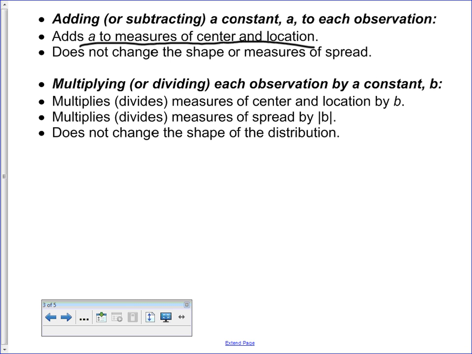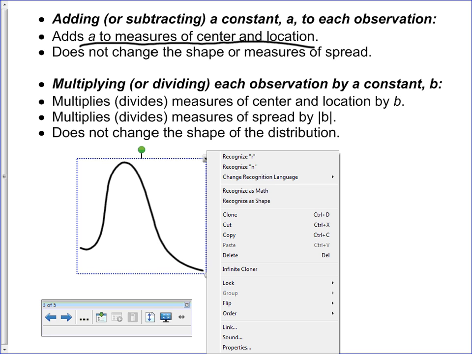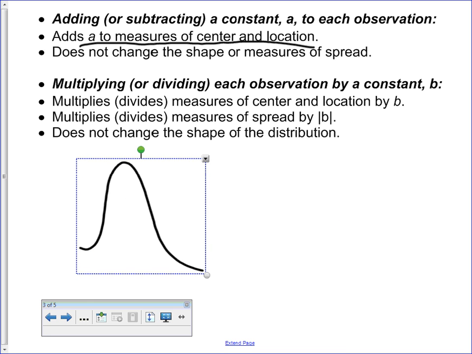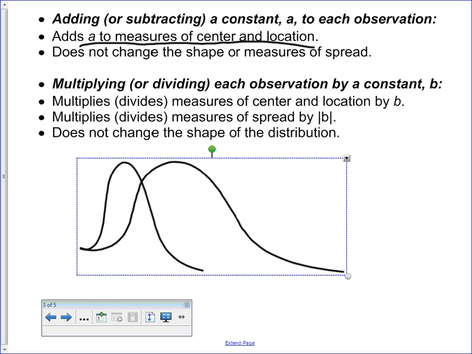Multiplying, though, will change the measures of center and spread. So let's talk about what happens when we multiply. So we have that same distribution, but now we're going to multiply everything. That is going to change the center, and that is going to change the spread.